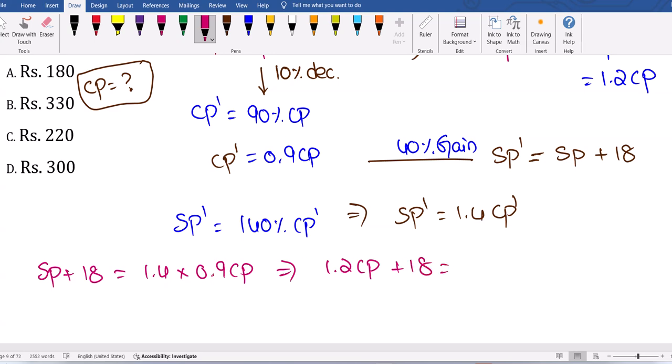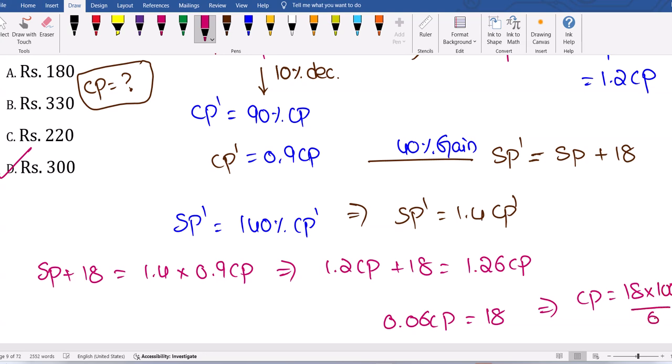Here we'll get 1.26 CP. CP is nothing but equal to 300, because if you take the difference, 0.06 CP equals 18, so CP is 18 into 100 divided by 6, which is 300. Cost price is 300.